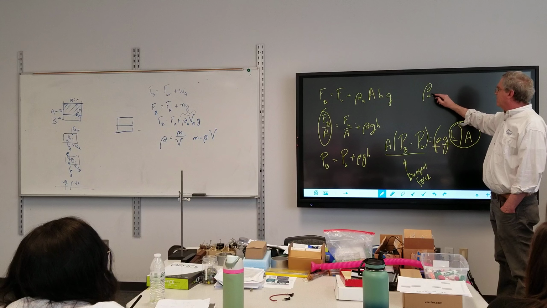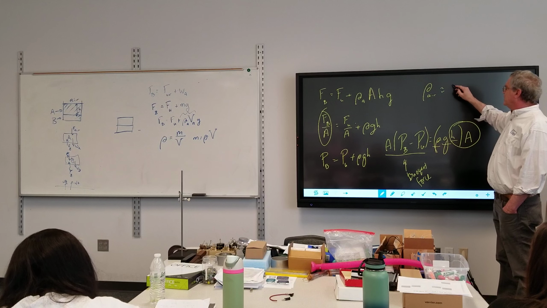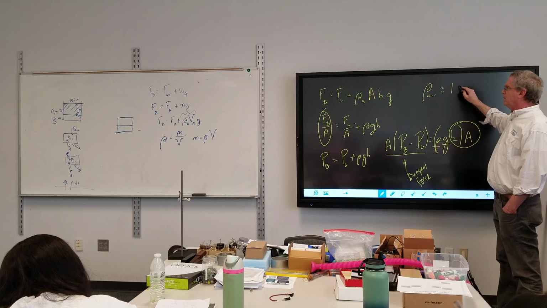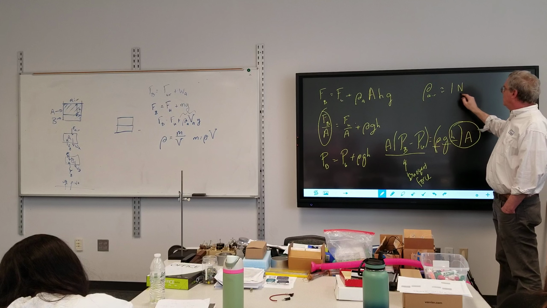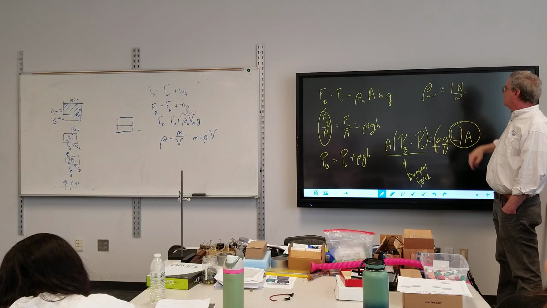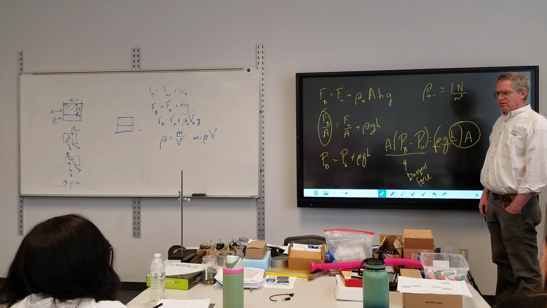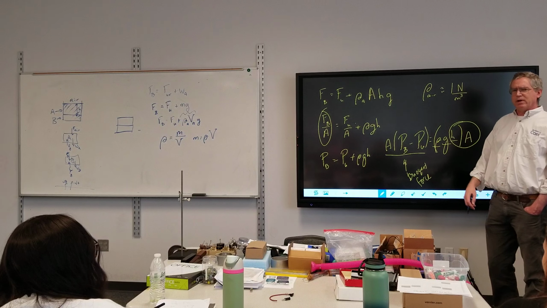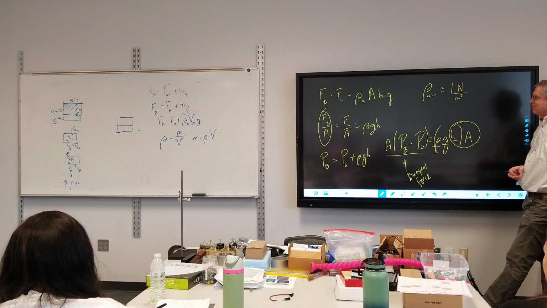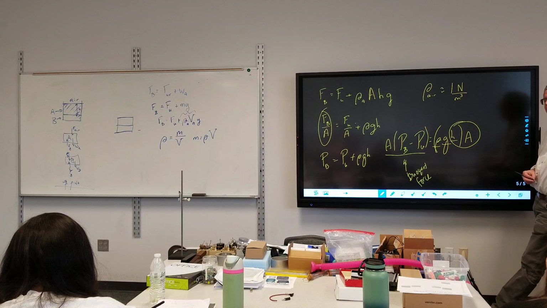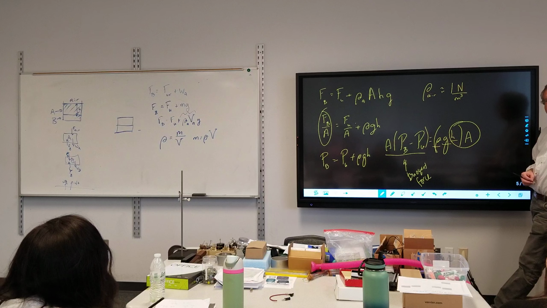Density of air is very crudely 1 Newton per cubic meter. For some reason I think it's 1.3, but I'm gonna look that up. The actual number is not really that crucial here, but it's still funny.